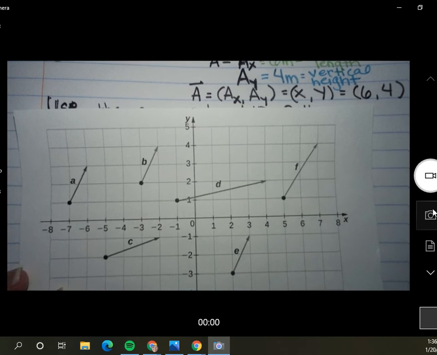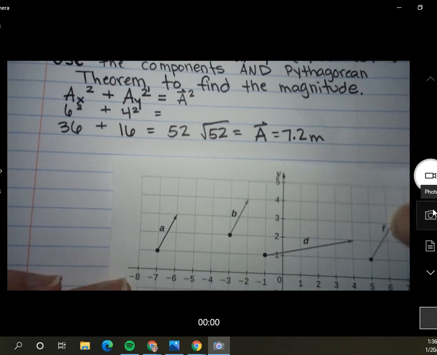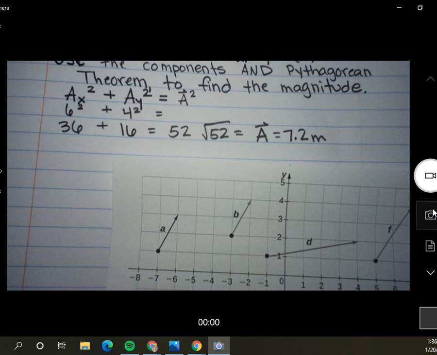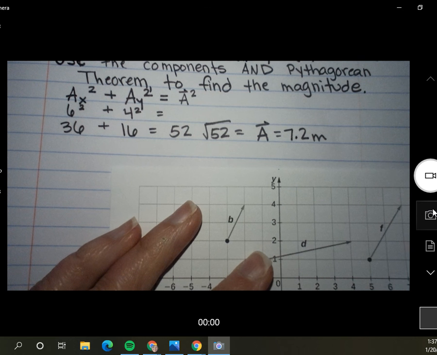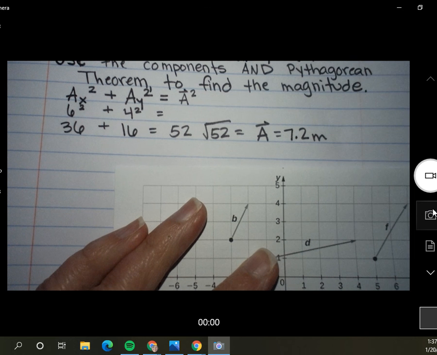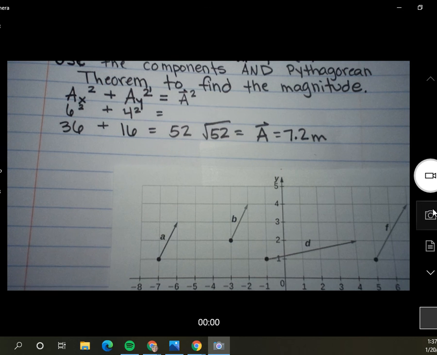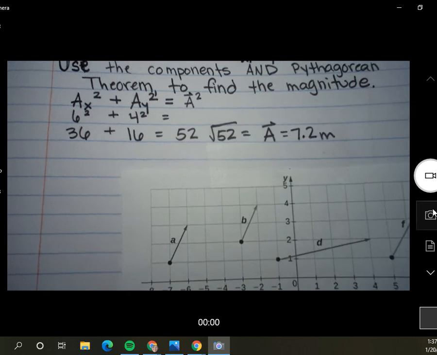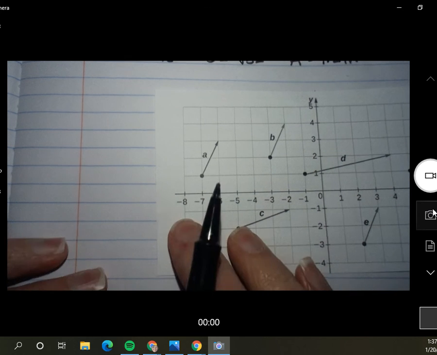Okay? So this little piece of paper, I'm going to suggest that here in class you find that piece of tape I gave you, tape it to your notebook, because you're going to want to have the examples right there in front of you when you want to use this on tests and quizzes and things. Okay? So we're going to go back and just find the components of some of these.